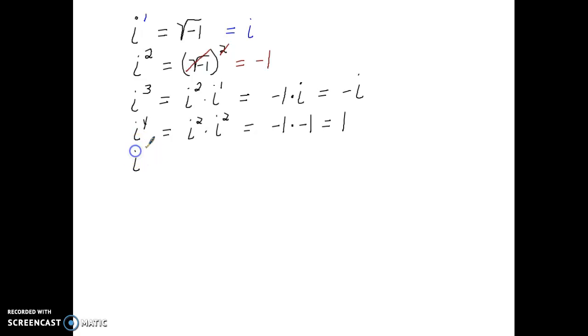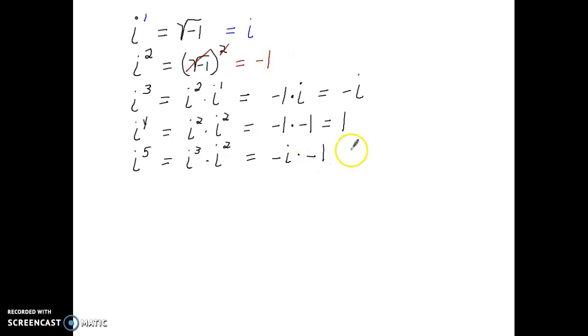Next, let's look at i to the fifth power. We could factor that as i to the third times i squared. We have shown that i to the third just equals -i. i squared equals -1.